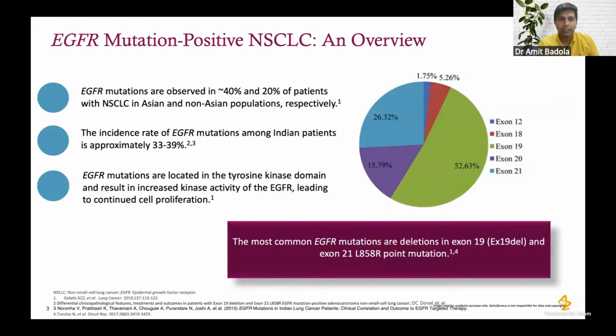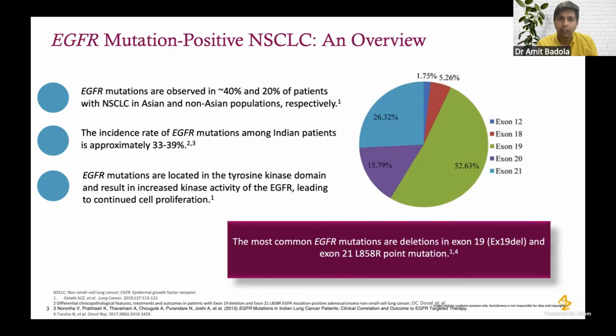If you look at the EGFR mutation overview, we all know that it is the most common targetable mutation, and the prevalence is different between Western and Asian populations. In India the incidence is around 13.3 to 39%, while in the West it is like 15 to 20%.